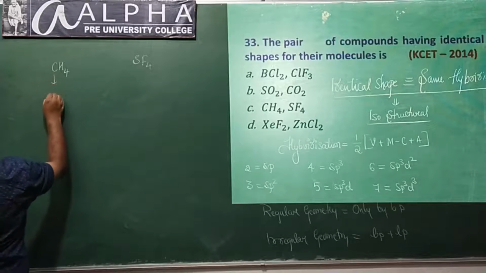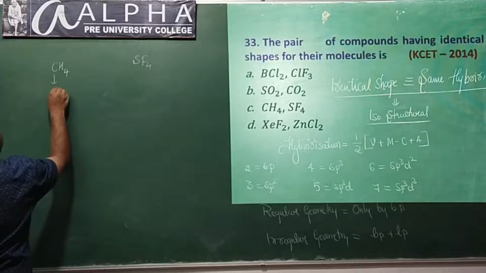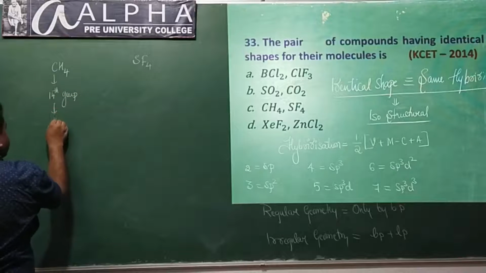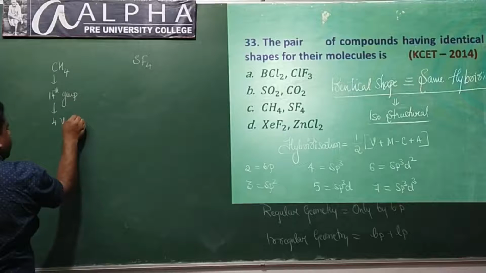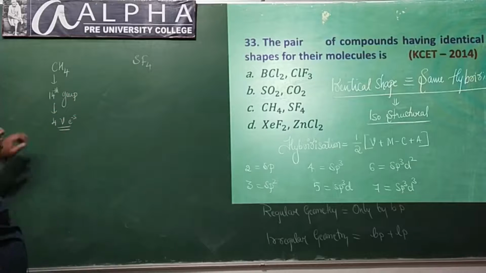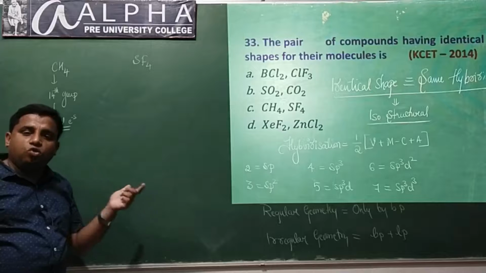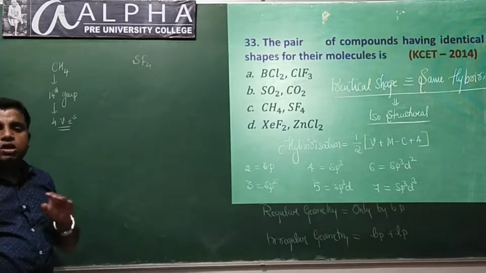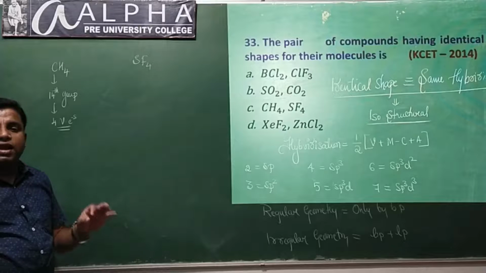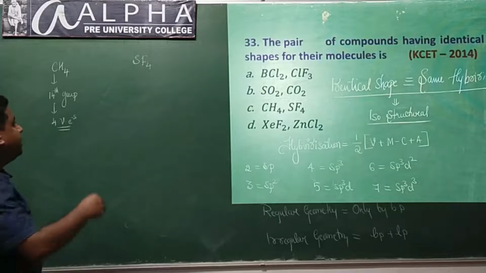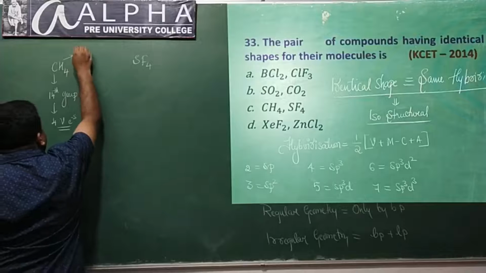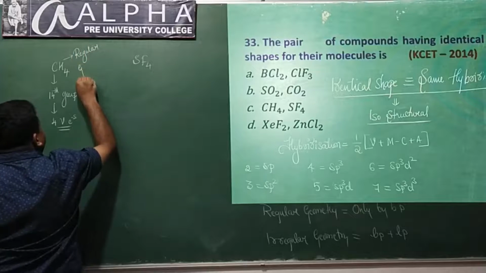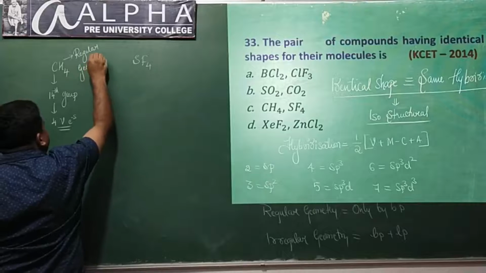Carbon, we know it belongs to the 14th group. 14th group means 4 valence electrons. So carbon has used all the 4 valence electrons to form bonds with the 4 hydrogen atoms. So there are no lone pairs, there are only bond pairs. Hence, what type of geometry is it? It is regular geometry, isn't it?